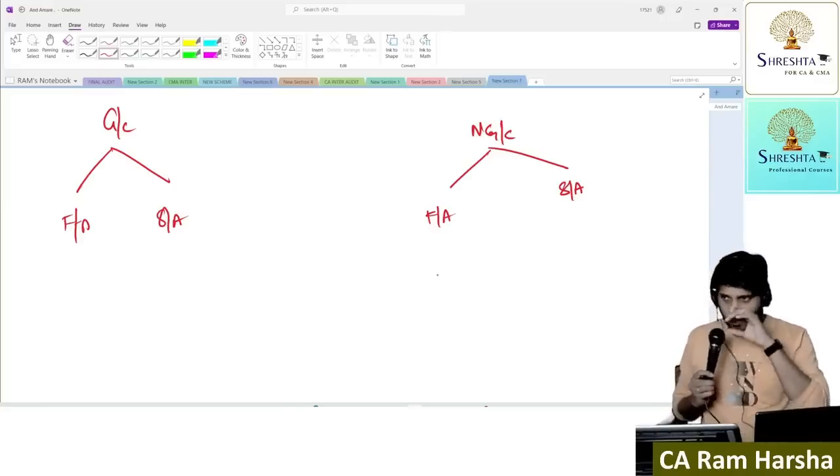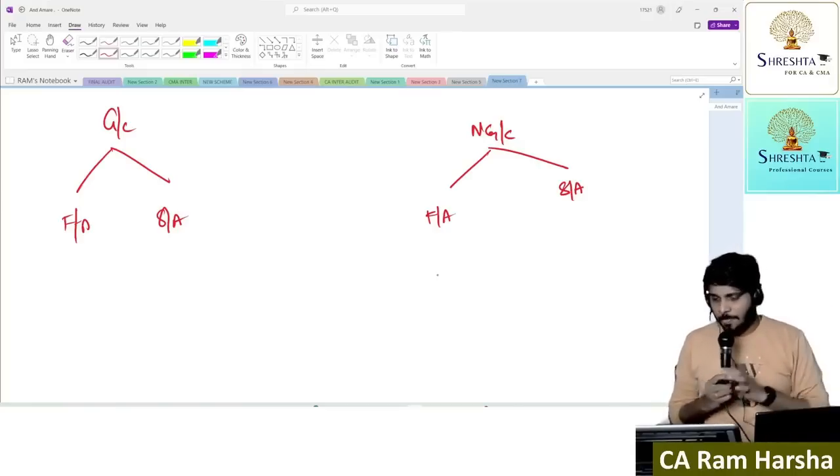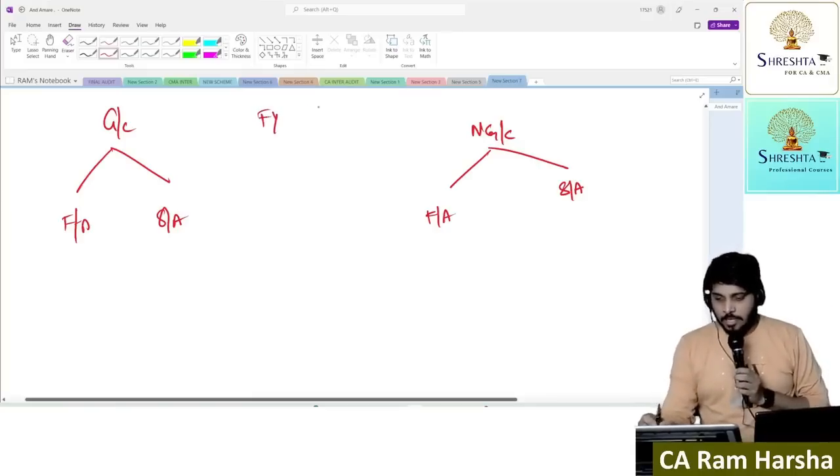Getting it? You know, the company financial year. There is a definition for financial year. If the company's financial year ends on 31st March, what is the maximum duration of a financial year? 15 months.